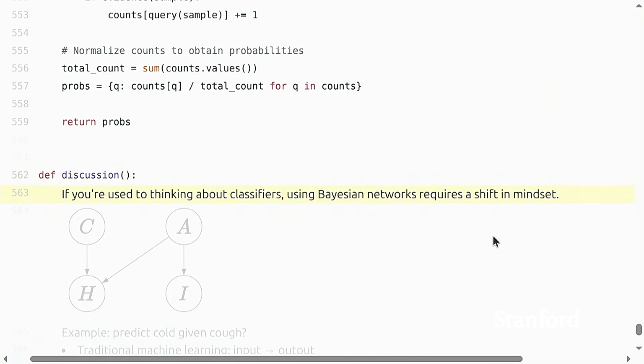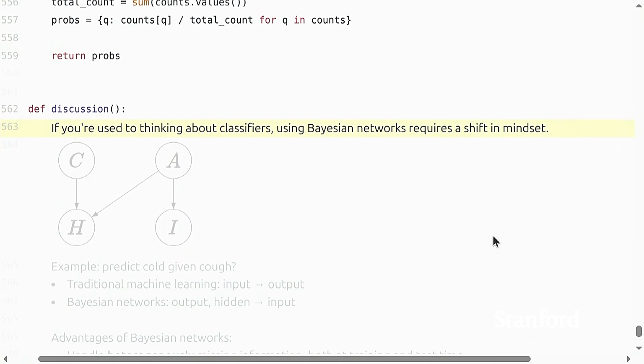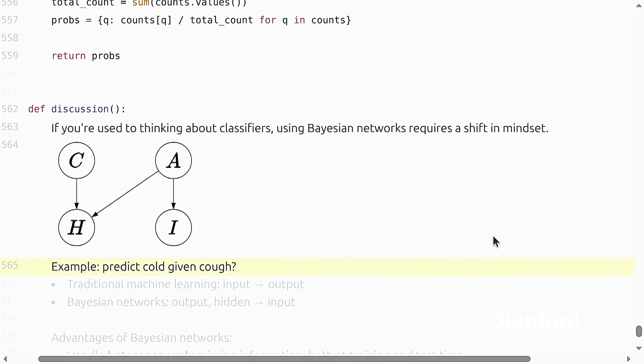Okay, so a quick discussion here. One is that if you're used to thinking about building classifiers, which we're all used to in modern machine learning, using Bayesian networks requires a shift in mindset. So for example, if you wanted to predict whether you have a cold versus a cough, right? In traditional machine learning, you would say, okay, let me train a classifier that maps my input into output. So the input here is whether I have a cough, and the output is whether I have a cold.